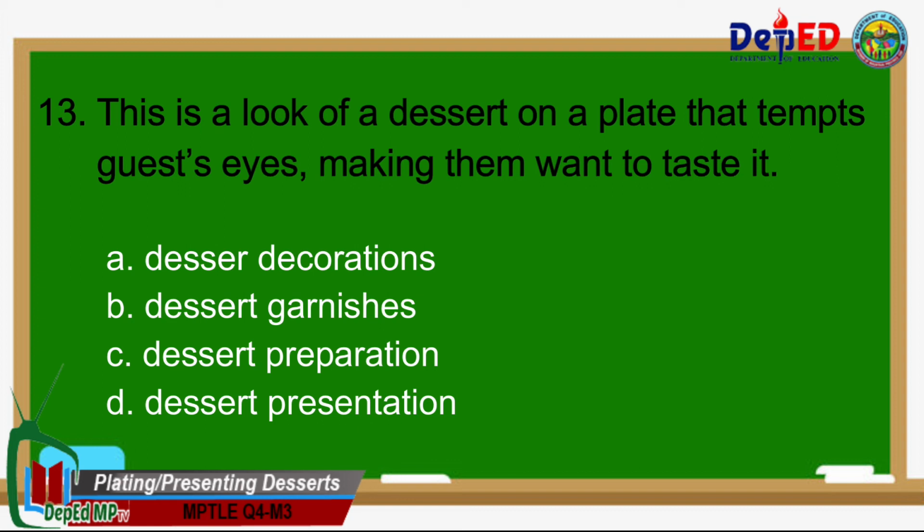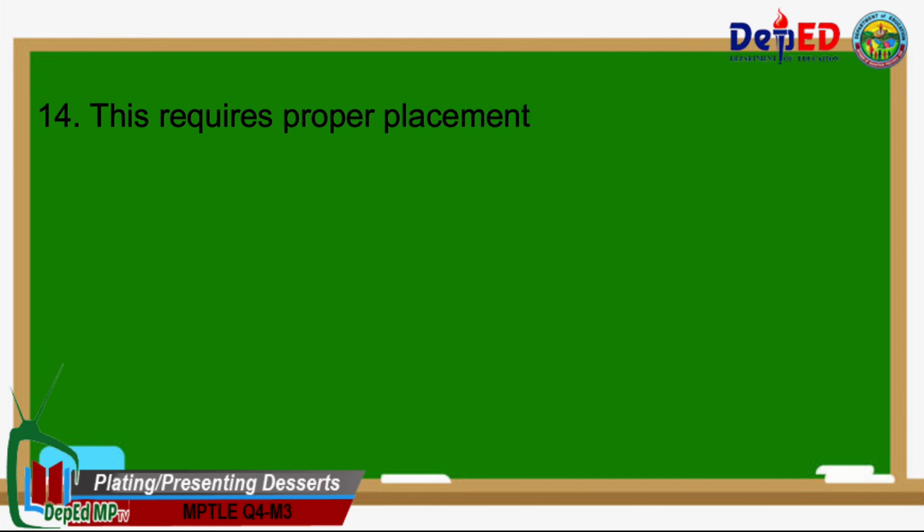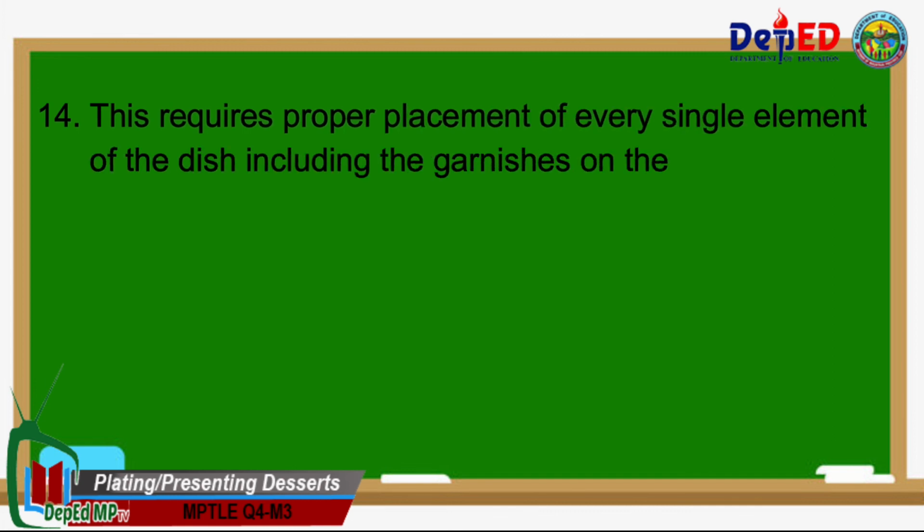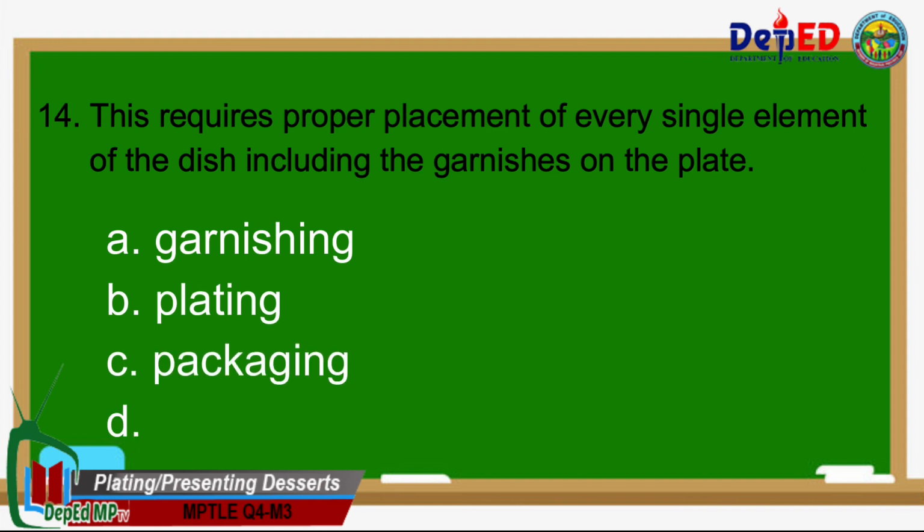And letter D, dessert presentation. The correct answer is letter B. Number 14. This requires proper placement of every single element of the dish, including garnishes on the plate. Letter A, garnishing. Letter B, plating. Letter C, packaging. Letter D, storing. The correct answer is letter B.